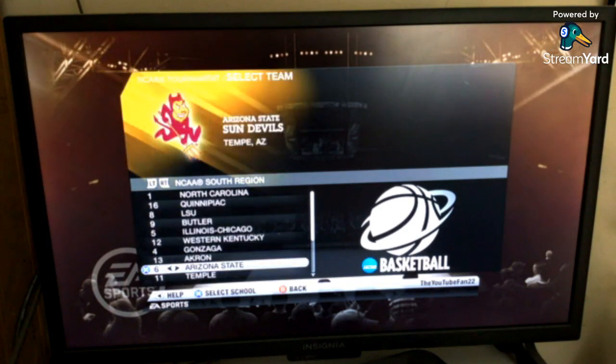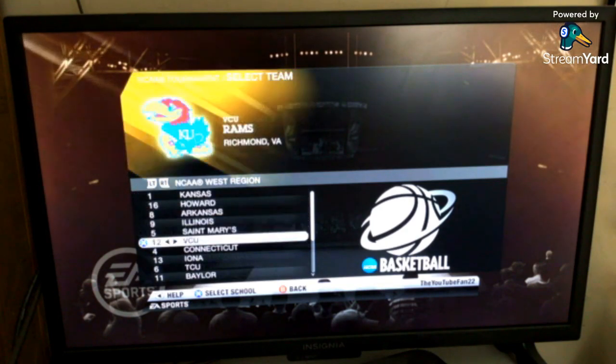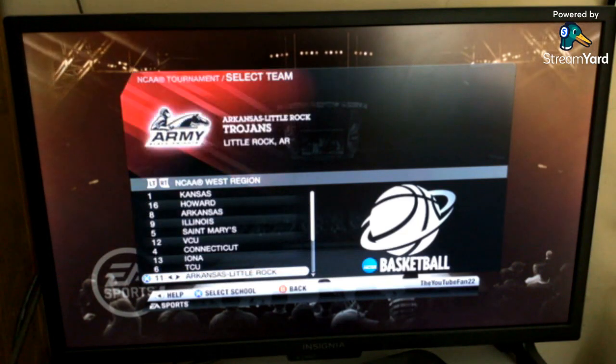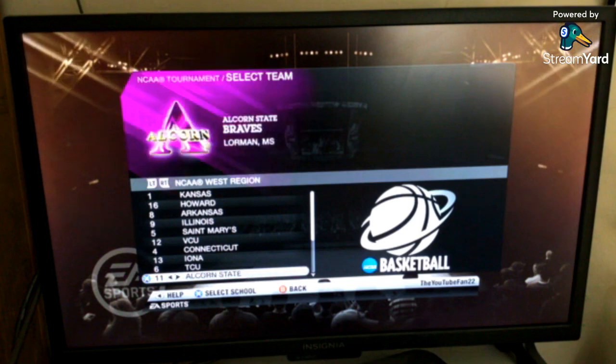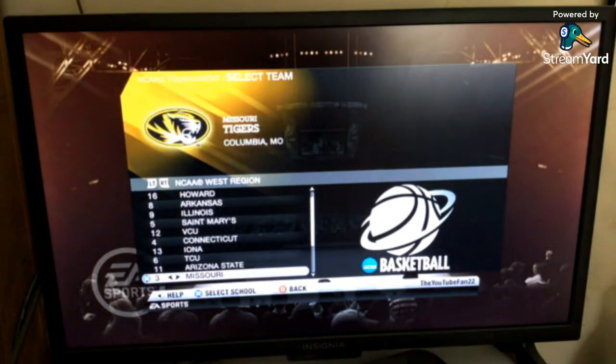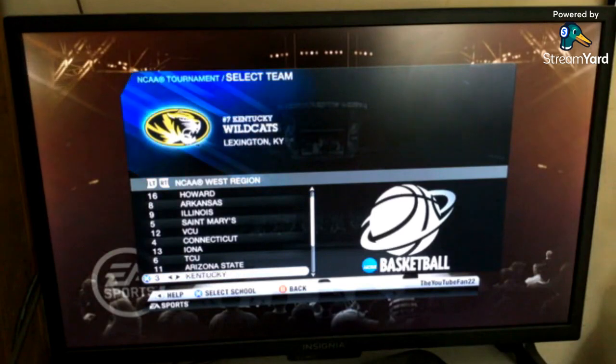So we need to get them changed, and then back to the West region we go. Back to Baylor and go backwards. There is Arizona State. Now, our next one is the 3rd seed. That goes to Gonzaga. So we're going to get Gonzaga.